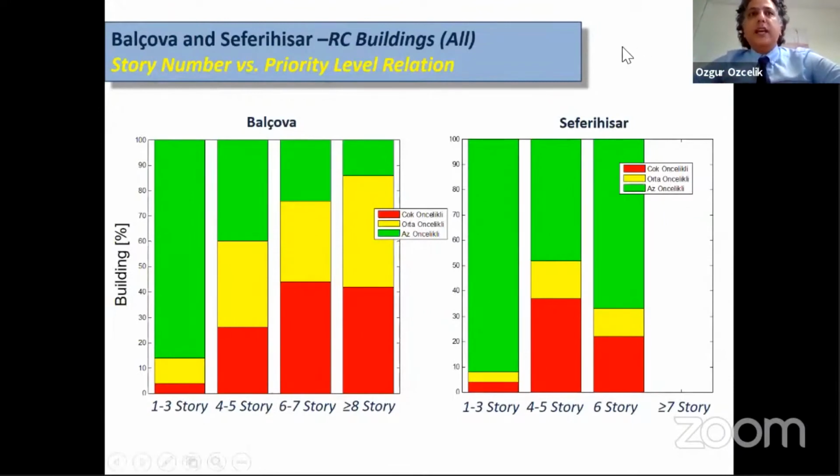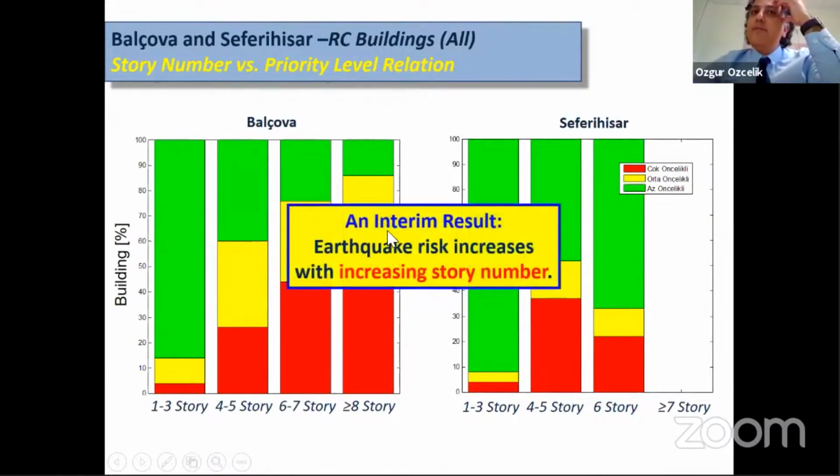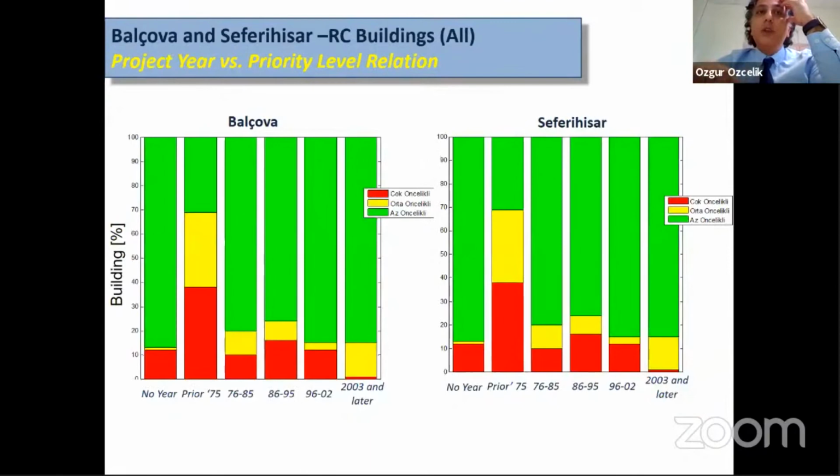Another result was shown here for Balçova and Seferihisar. The x-axis is the story number, okay, and the y-axis is the building percentage. And as you can see here, earthquake risk increases with increasing story number, right?